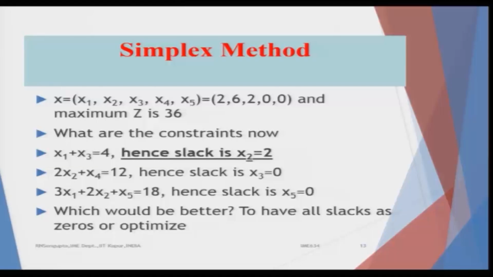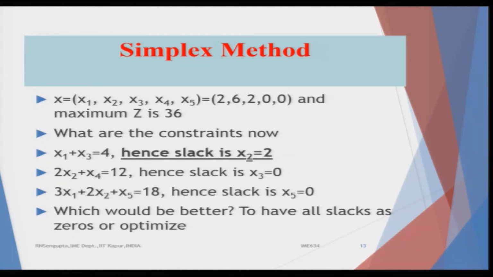The first one was x1 plus x3; x1 was the actual decision variable, x3 was the slack. Here x1 is 2 and the right hand side is 4, so 4 minus 2, x3 is 2. Is it 2? Yes, because in the vector which you have just found, the value of x3 is 2. That means there is slack, an unutilized 2 units still left.